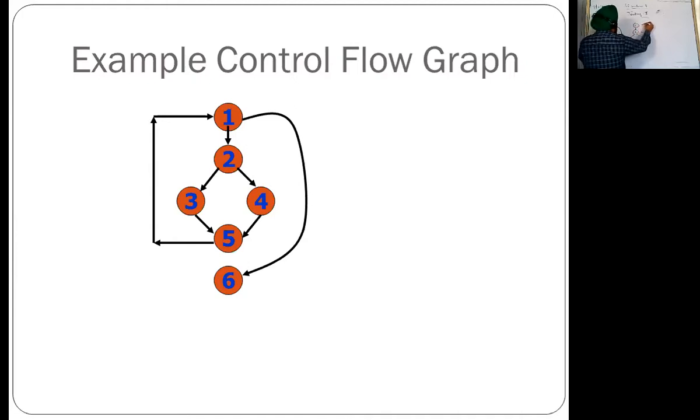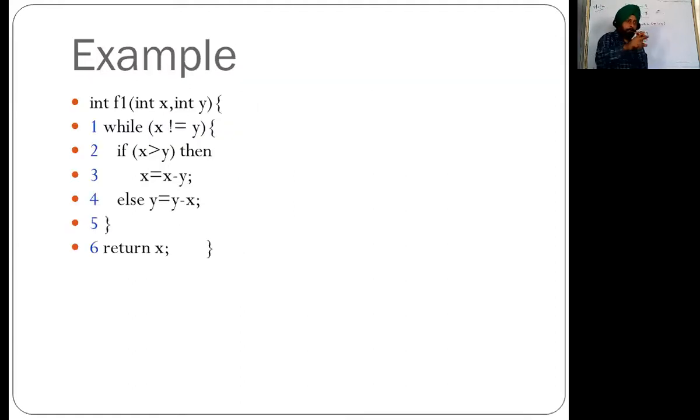This is the loop statement where, while x is not equal to y, this statement was there. X is greater than y. This is the statement of x minus y. This is the statement of y minus x.